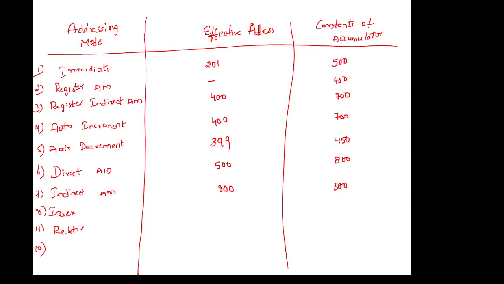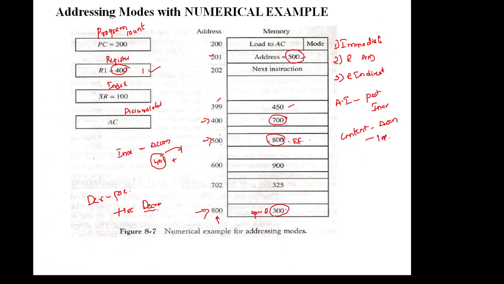And the next one is relative addressing mode. In relative addressing mode, the contents of the program counter are added with the address field in order to get the effective address. What is the contents of the program counter here?